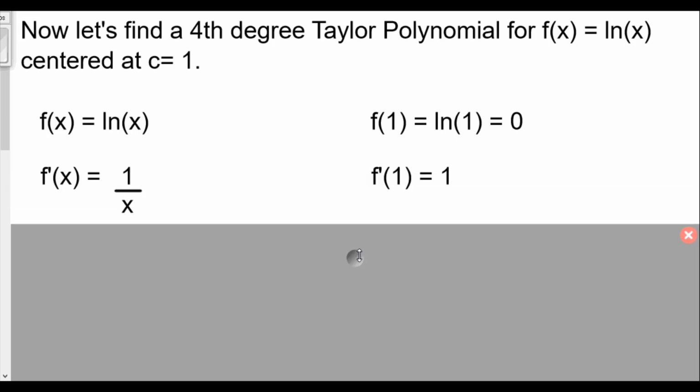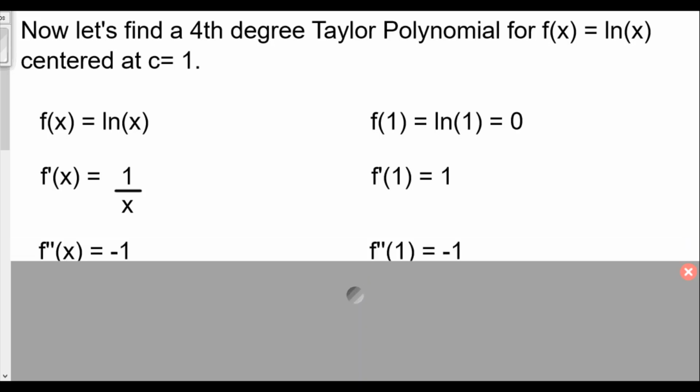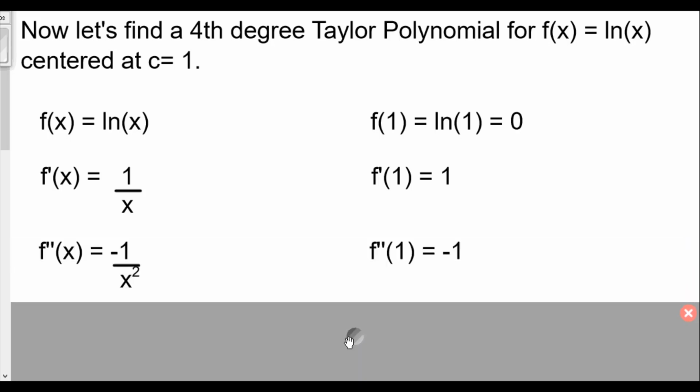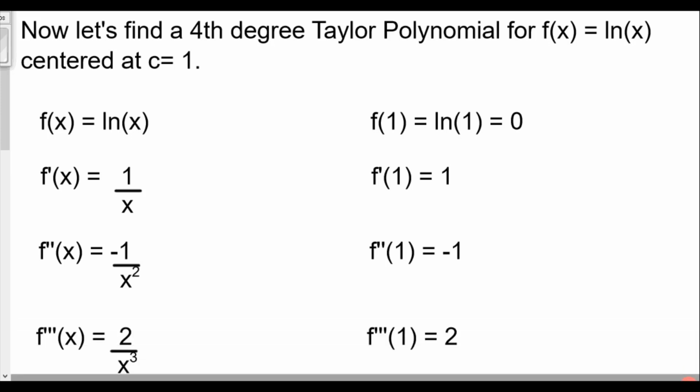F prime of x, the derivative of ln of x, is 1 over x. Therefore, f prime of 1 equals 1, because 1 over 1 is 1. The double prime would be negative 1 over x squared. The derivative of 1 over x is negative 1 over x squared, and if we substitute 1 for x, we get negative 1. We continue here.